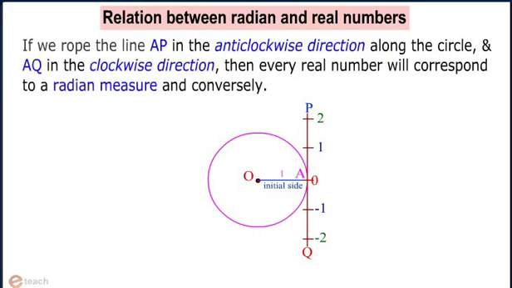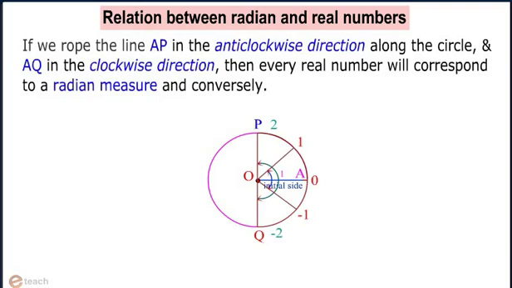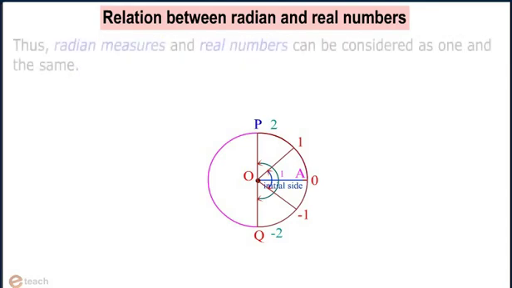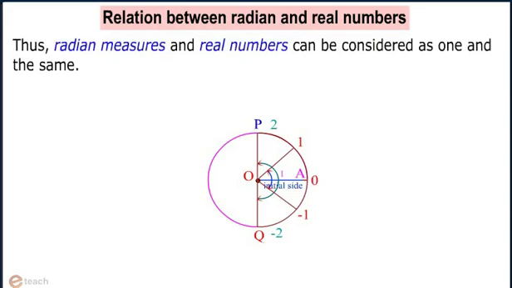If we rope the line AP in the anti-clockwise direction along the circle and AQ in the clockwise direction, then every real number will correspond to a radian measure and conversely. Thus, radian measures and real numbers can be considered as one and the same.